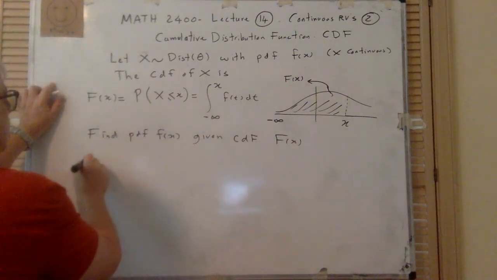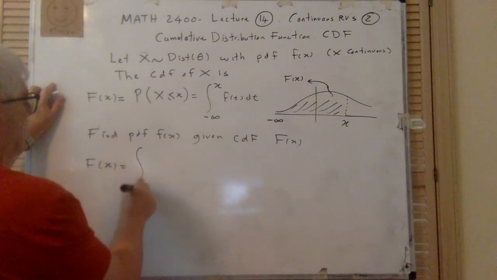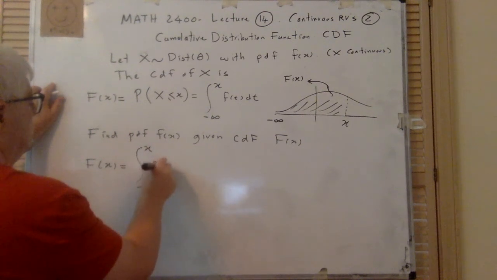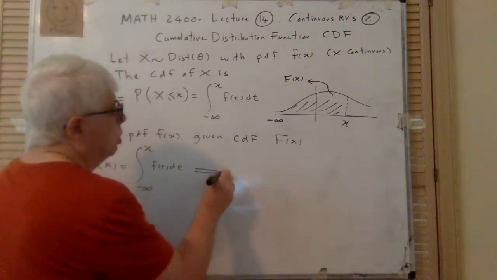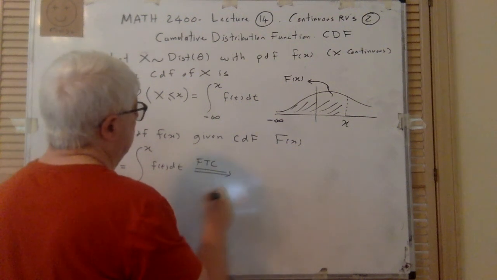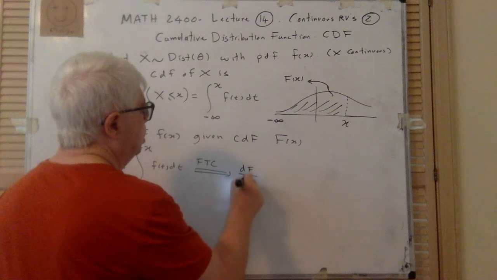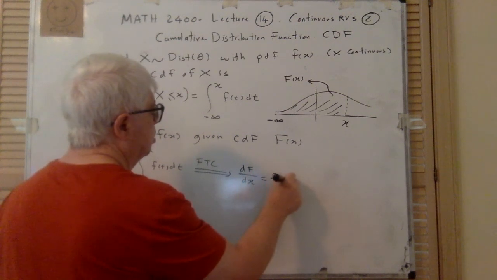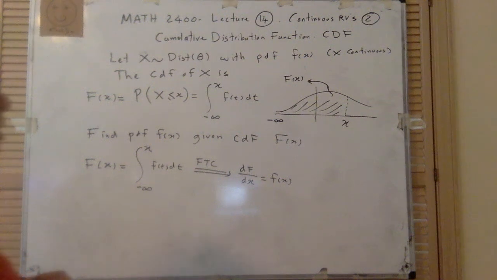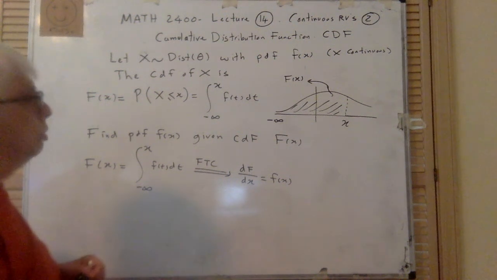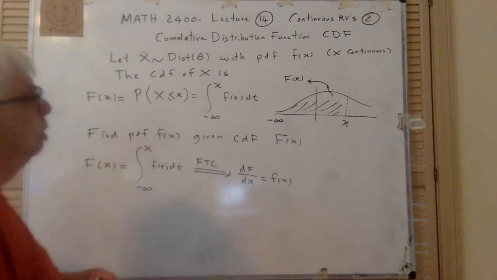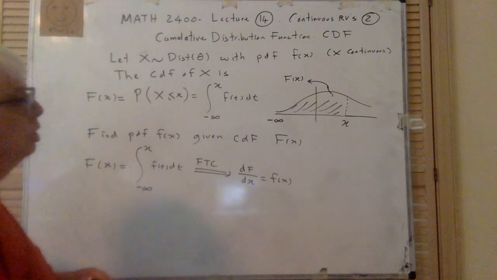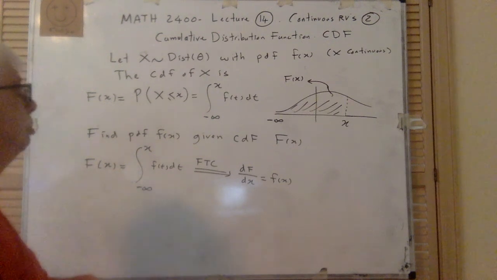But if you look at this, F_X is the integral from minus infinity to x of f(t) dt, and this is a nice continuous function, and by the fundamental theorem of calculus, dF/dx is f(x), right? dF/dx is f(x). So if we are given the CDF, and we know that the random variable is continuous, by finding the derivative of F_X, we have the PDF.